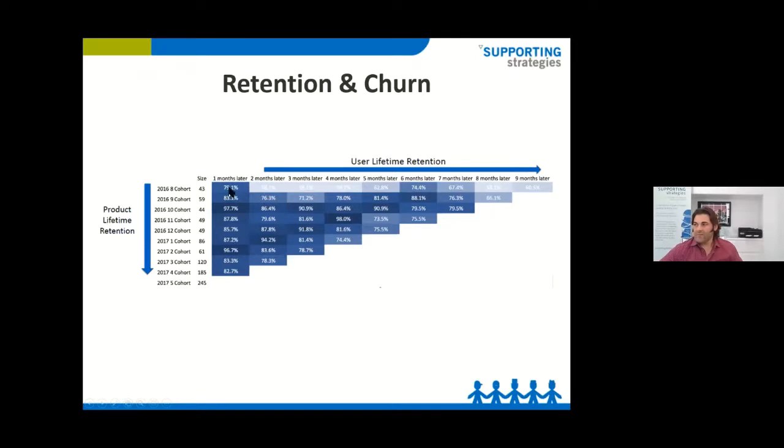And then you do the algebra: 43 times whatever they're paying per month for this many months. And down over here, there might only be 12 people left of those 43 that are still paying. So it's 12 people times whatever they're paying per month all the way out. And then you divide that by 43 to give you your lifetime value of those subscribers, because on average, each subscriber will pay that sum of money in total for your product.